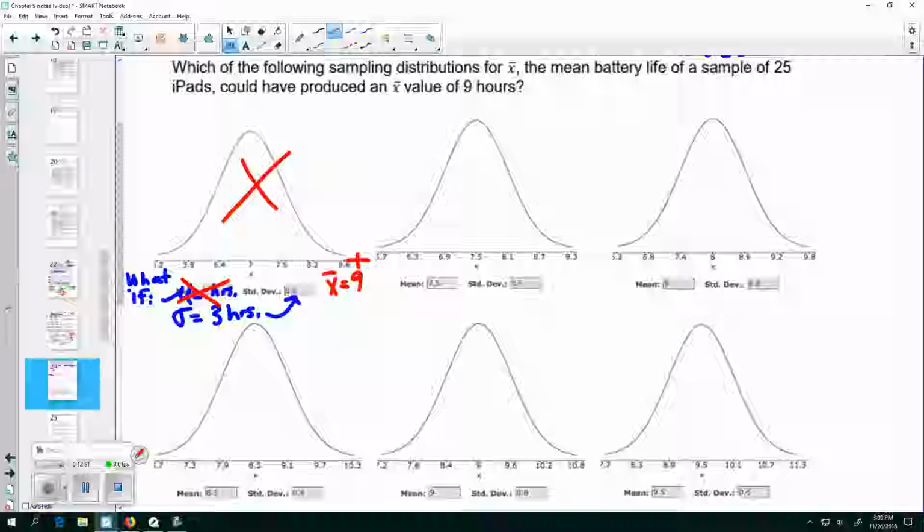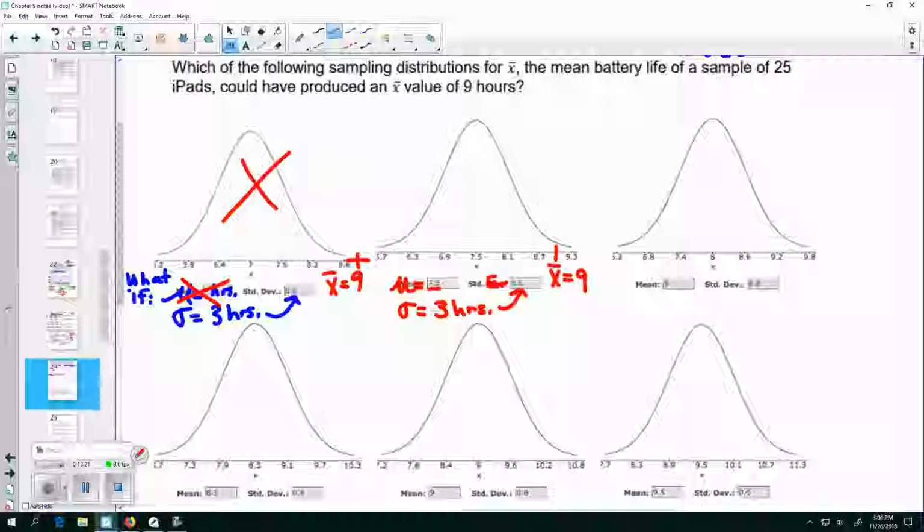If we go through all 9 of these, and I encourage you to press pause and take a look at them, the question's really the same. What if the population mean were 7.5 hours? And always assume sigma is 3 for this particular exercise, which is what's giving us those standard errors. StatCrunch just refers to it as standard deviation, so you can cross that out and put standard error if you prefer. The question again is, if you got a sample mean of 9, could it have come from that distribution?